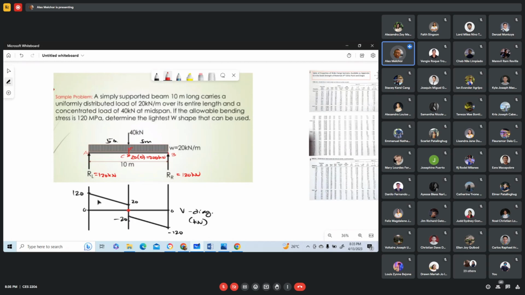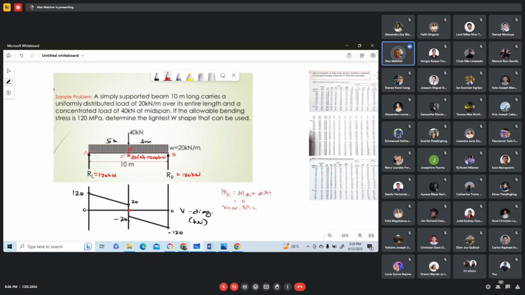So the maximum moment occurs therefore at the center, and that maximum moment is equal to the moment at C. The moment at C equals the moment at A plus the change of the moment.